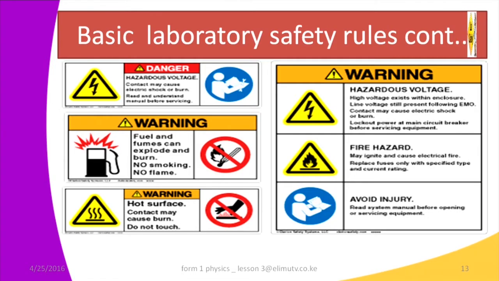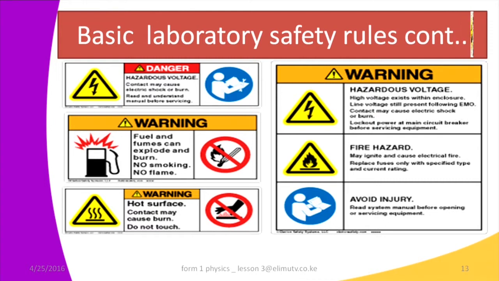Then the other warning is about fumes. We have just discussed fumes. There are fumes that are inflammable, and if left exposed, especially near a fire, they are likely to cause a lot of accidents. Then this other one is about a hot surface that may cause burns. You have to be very careful with them.